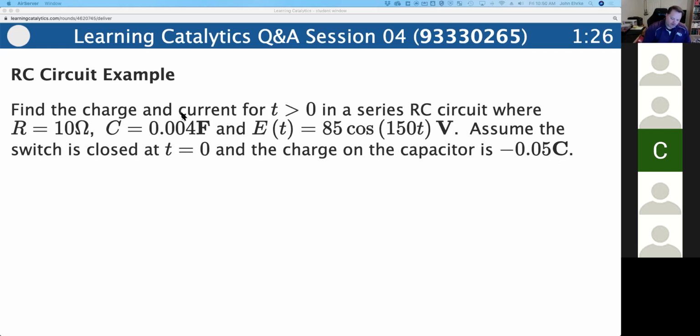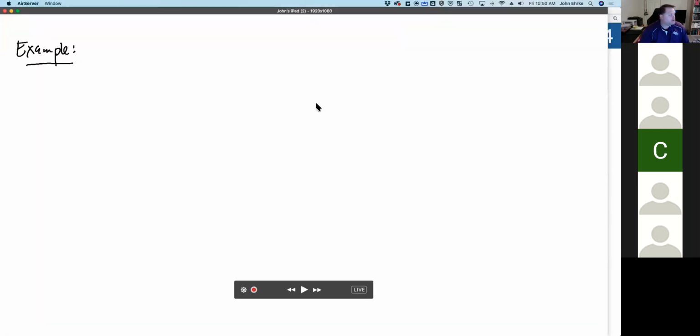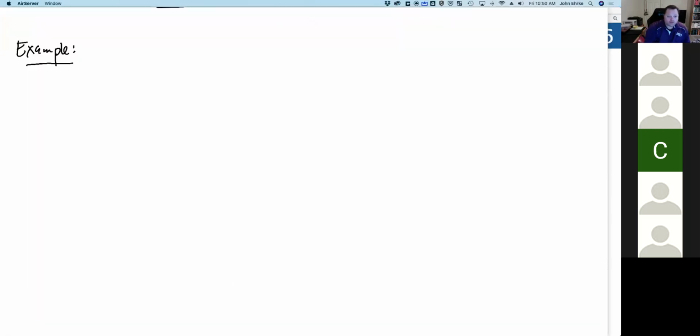All right, so our example is, we know that the relevant information here is we're looking at an RC circuit. We know that the resistance is 10 ohms.